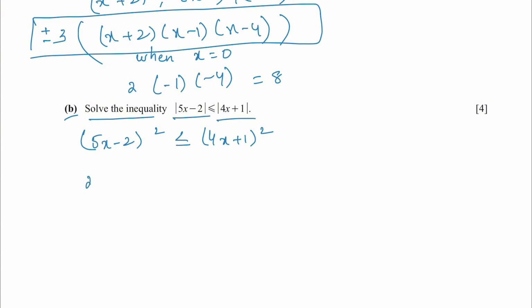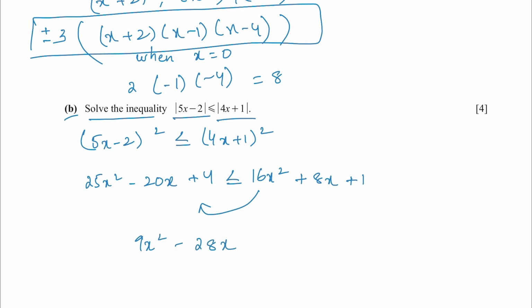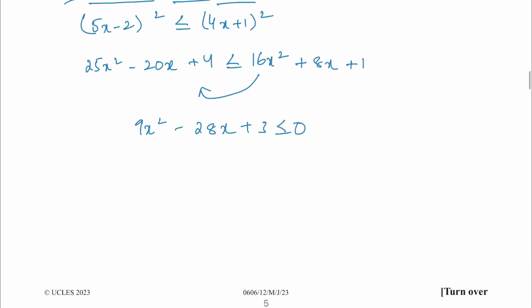So this would be 25x squared minus 20x plus 4 lesser than equals to 16x squared plus 8x plus 1. All the things will go on the left hand side. So this would be 9x squared minus 28x and then plus 3 lesser than equals to 0.